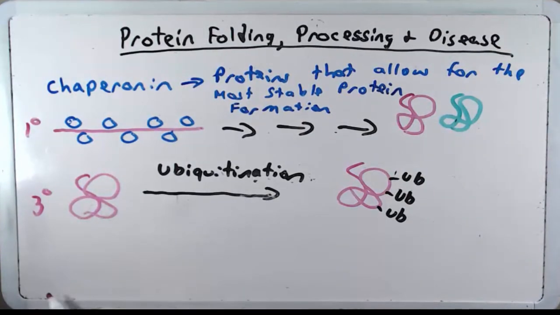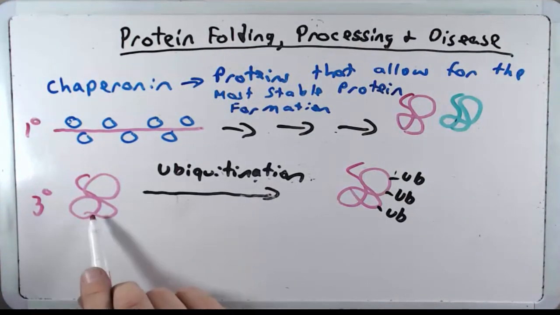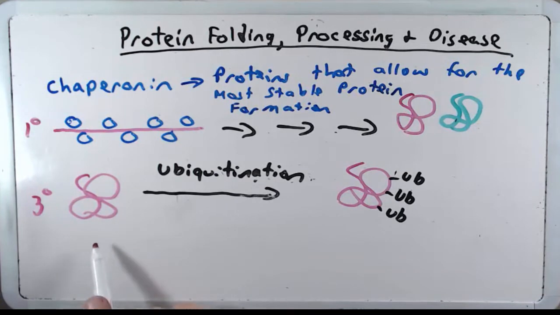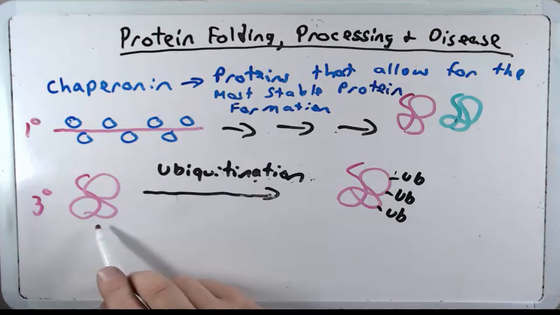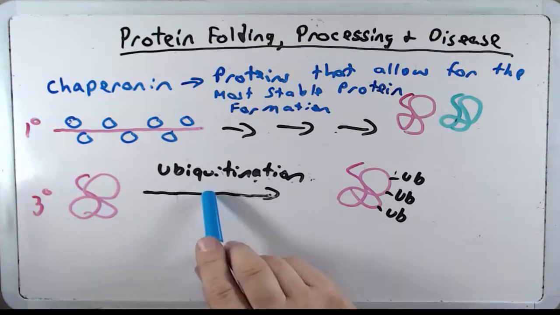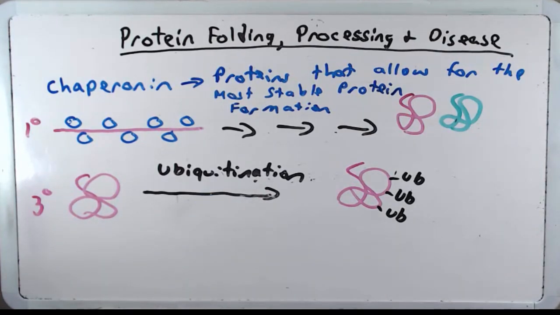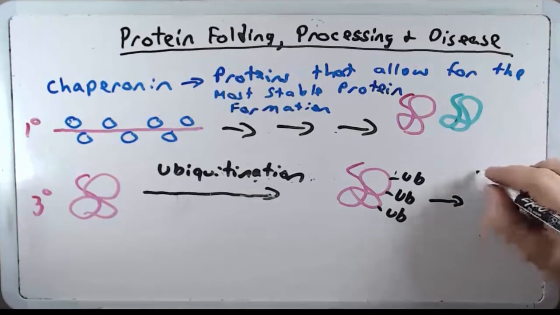So this protein here, at some point, the cell may decide it needs to get rid of it. Maybe it's misfolded and it's not working properly. Maybe the cell wants to get rid of this protein because the job that it was doing is no longer needed. For various reasons, we need to get rid of proteins, and ubiquitination is one of those. So when we add ubiquitin to a protein, that targets it for destruction.